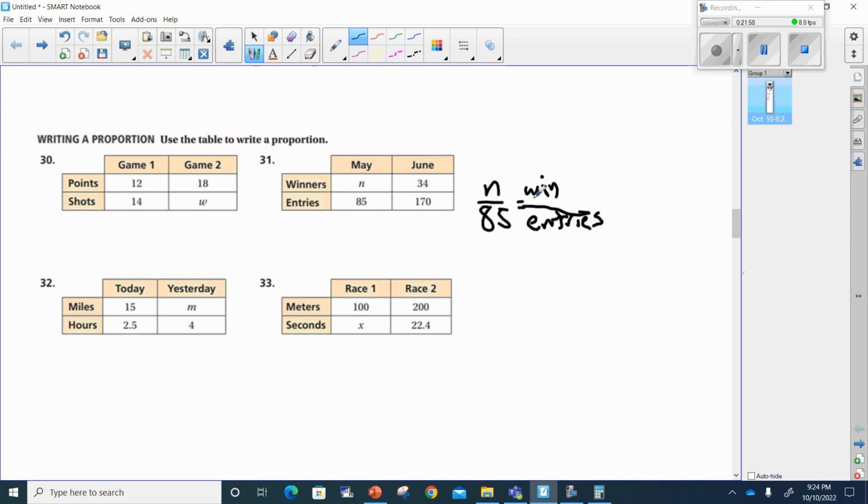Okay, so this is going to be, wow, that's ugly. Oh boy, I'm not doing that all over again. We'll just make it an ugly equal sign, I guess. There we go. And then this will be 34 over 170.